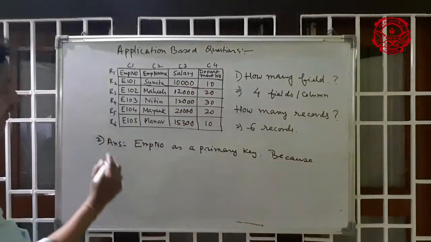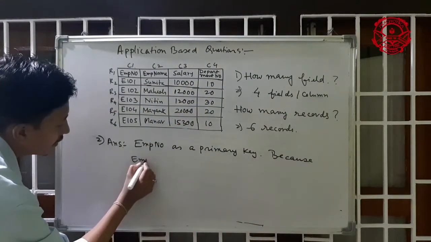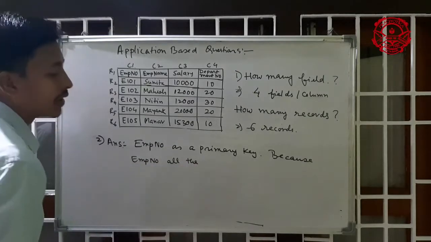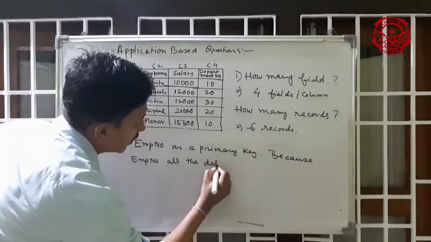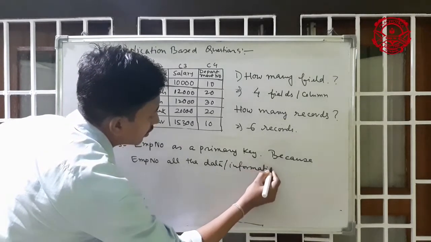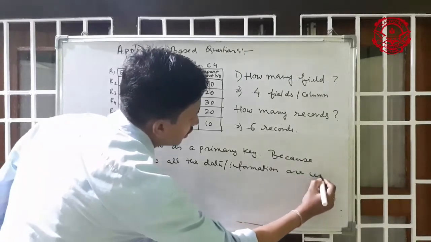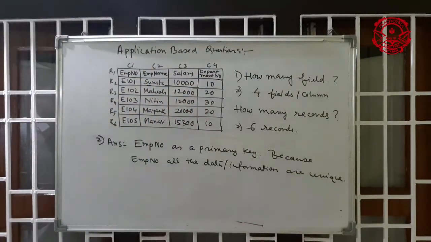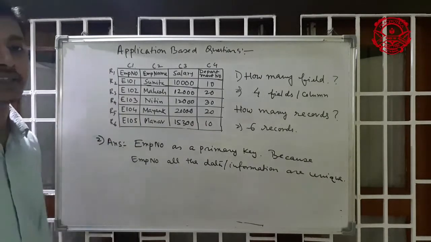Because in EMP number, all the data or information are unique. So that's why this field should be a primary key.